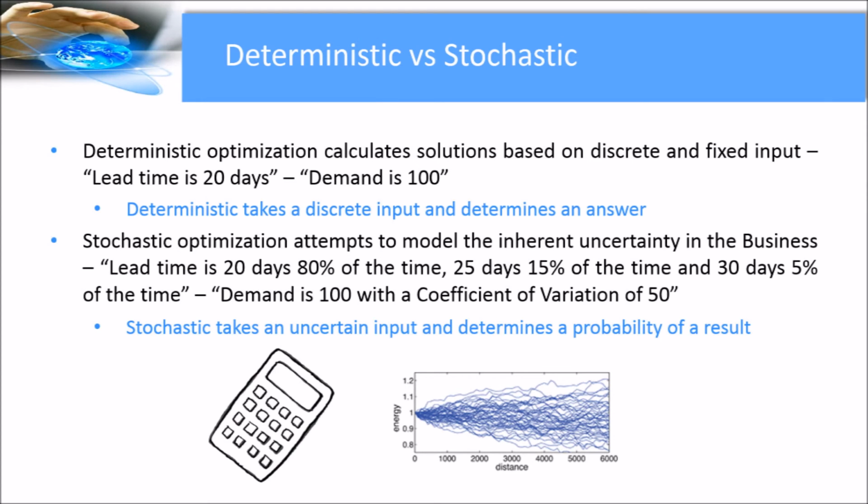That's a deterministic question. Stochastic takes into account uncertainty. This is important because most business problems have some randomness to them. Stochastic approaches allow us to come up with probability ranges for expected results, like how long does it take to get to the airport, or when will this assembly fail? These are stochastic questions.